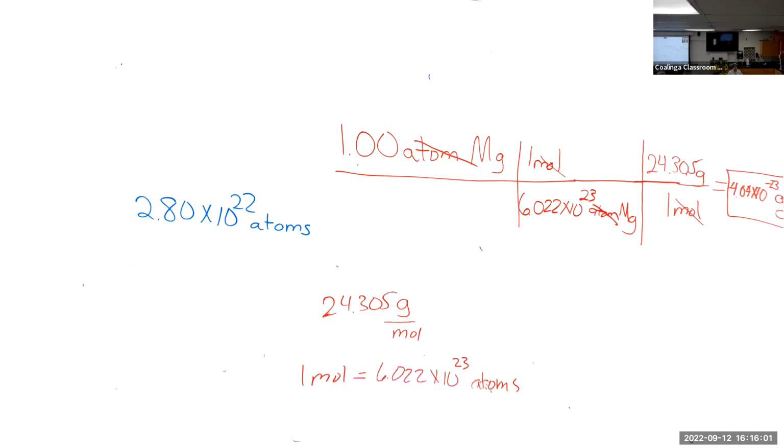To get rid of atoms, we would use Avogadro's number. Yeah. So we're going to put Avogadro's number at the bottom. So we have 6.022 times 10 to the 23rd atoms per mole. And what do we want? We want moles, right? Okay. So then atoms. That's a sulfur, right? Yes.